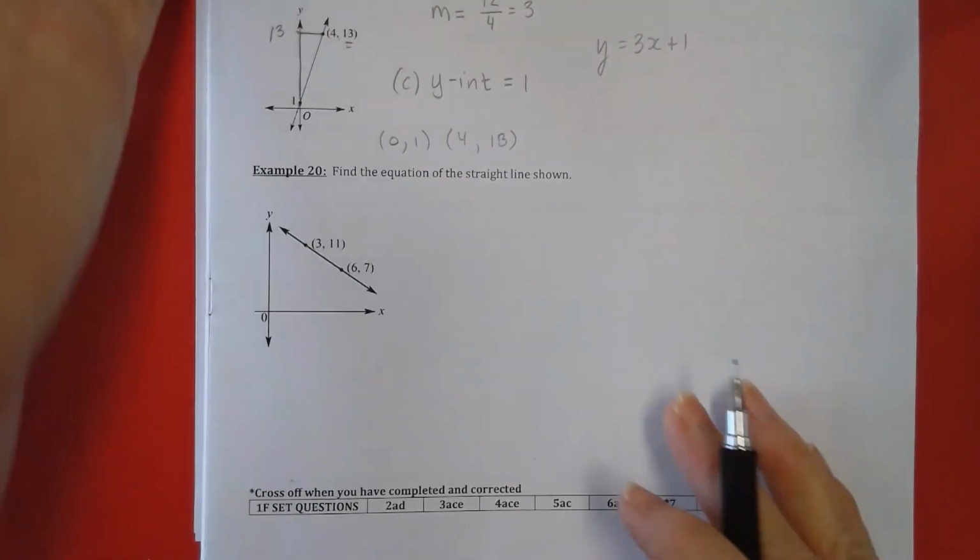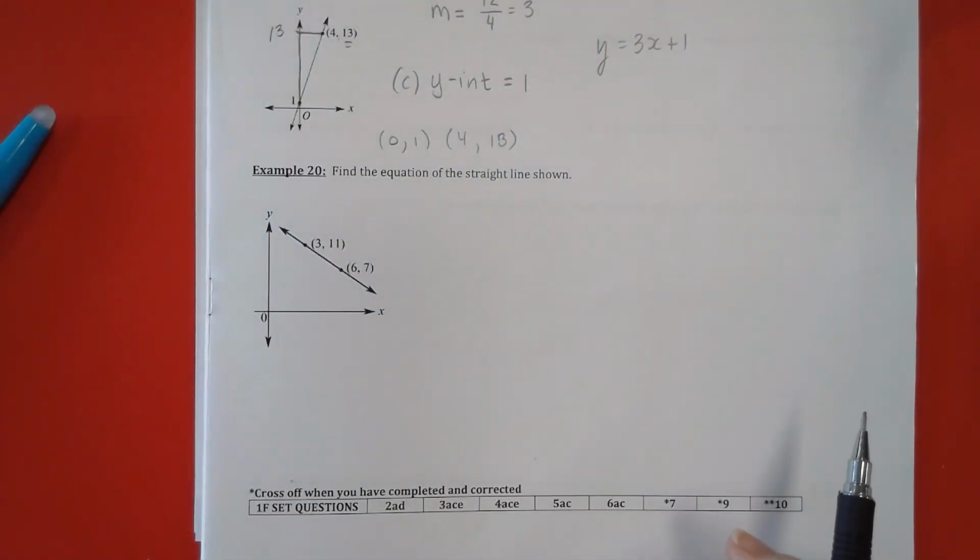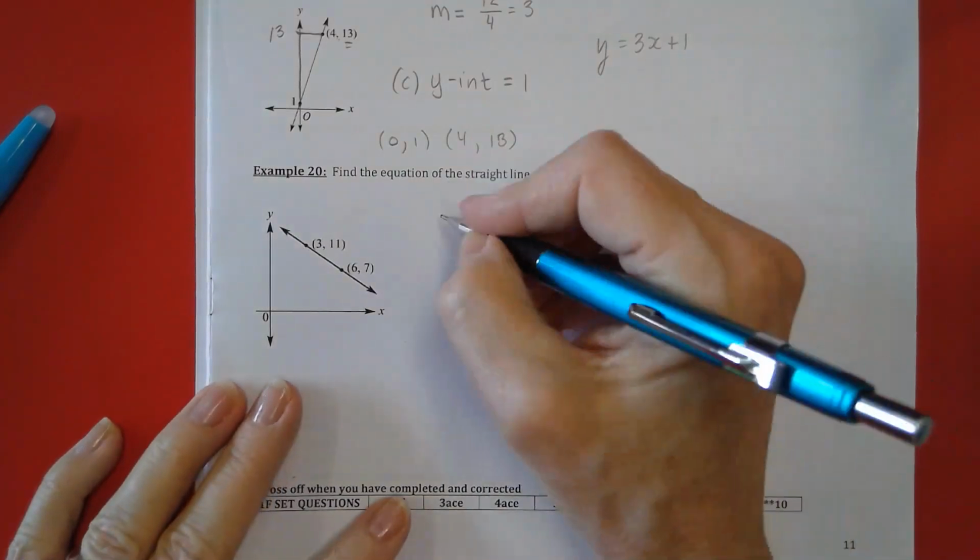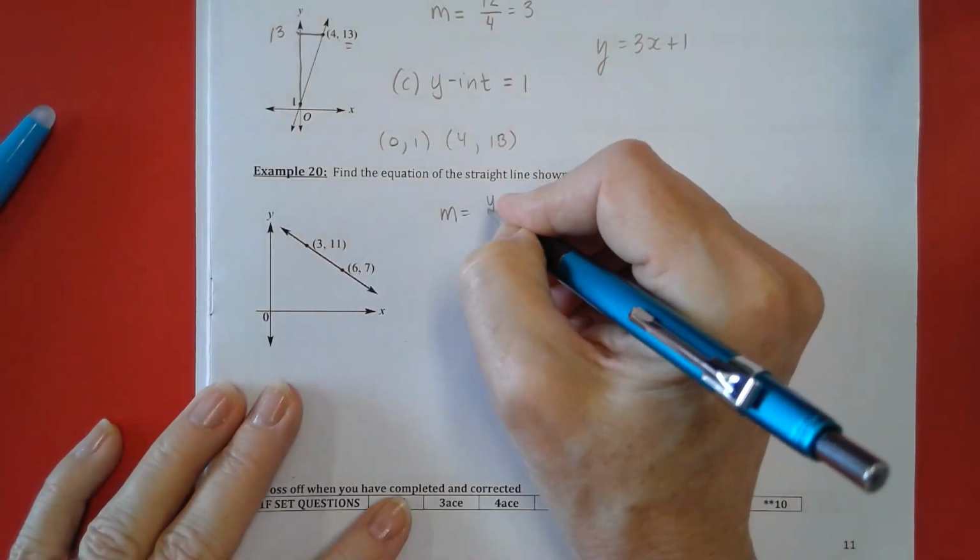Okay, find the equation of the straight line shown. Okay, so my first step is going to be doing this.